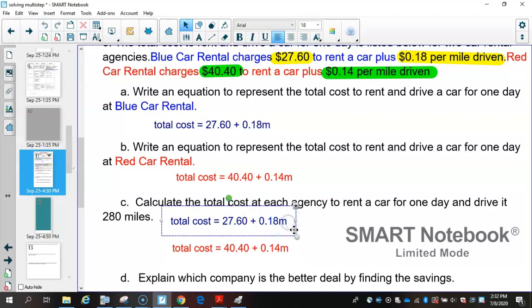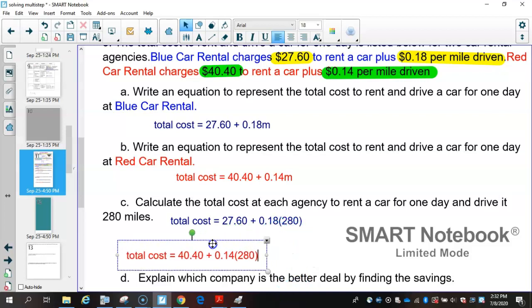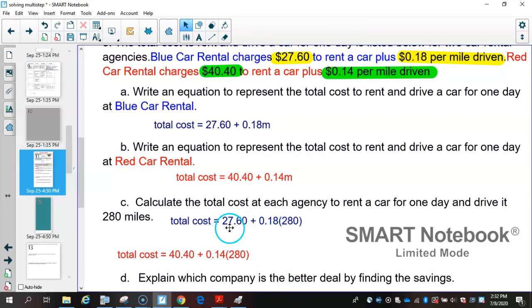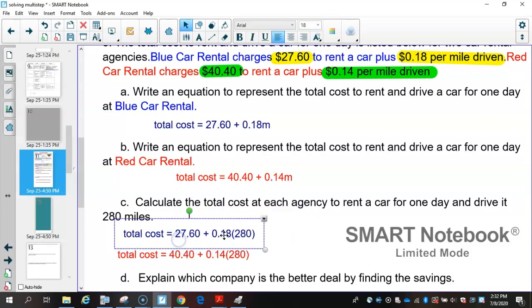So here, instead of just m, now we can say this is 280. Same thing for the red car. And then we can go ahead and figure out what that equals.